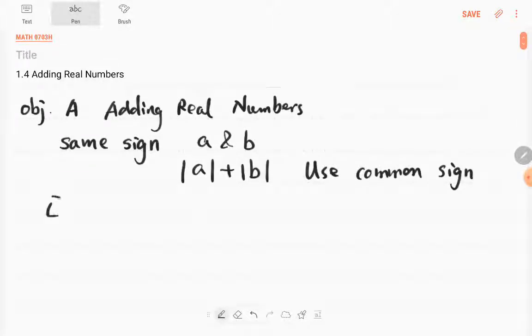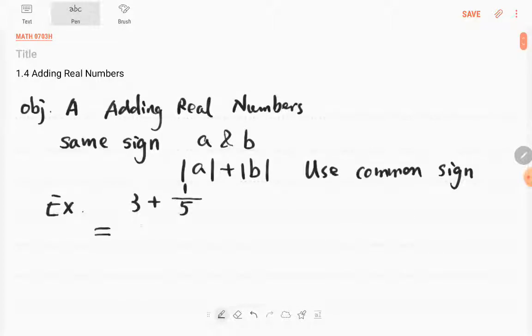What does this mean? For example, if we do the addition 3 plus 1/5, first we check these two numbers. They have the same sign, right? They are both positive numbers. So they have the same sign, the positive sign.